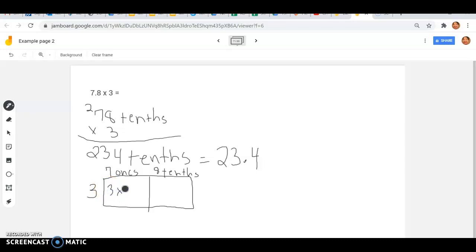So we have 3 times 7 ones. And then we have 3 times 8 tenths. Right. So when we do 3 times 7, that gives us 21 ones. And then 3 times 8 gives us 24 tenths.